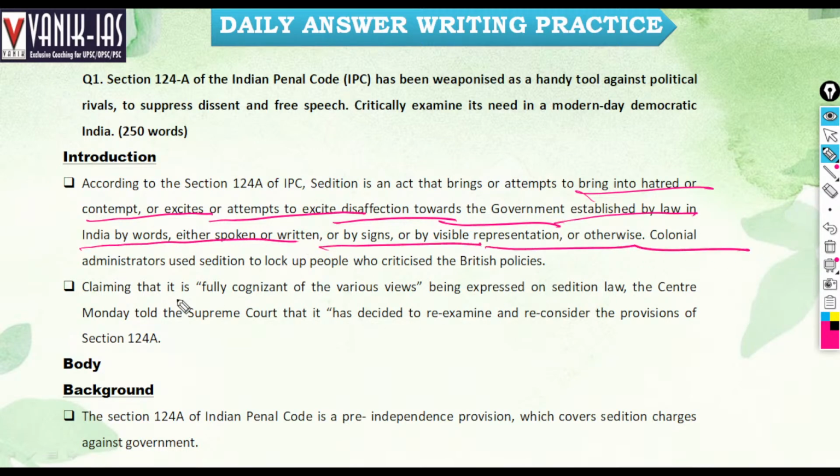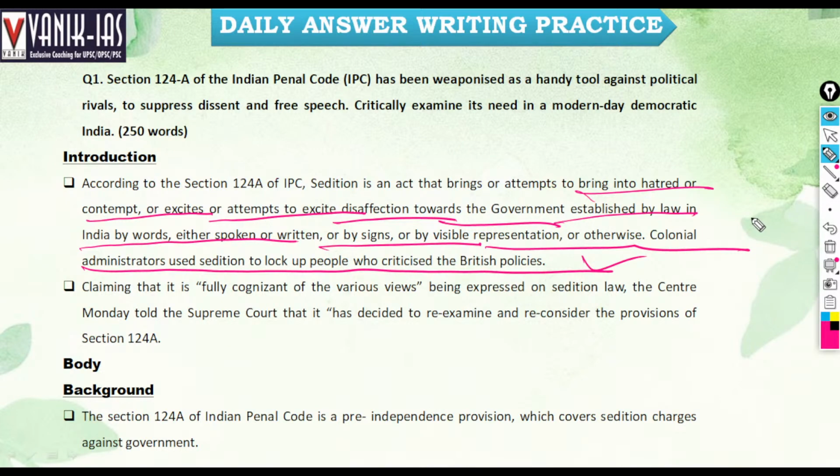Colonial administrators used sedition to lock up people who criticize British policies. So if somebody criticizes some of the state governments, they say that this is hatred or contempt or excites dissatisfaction towards the government. They say it wants to destabilize the government. That's why the Sedition Act was imposed and they were put behind bars.